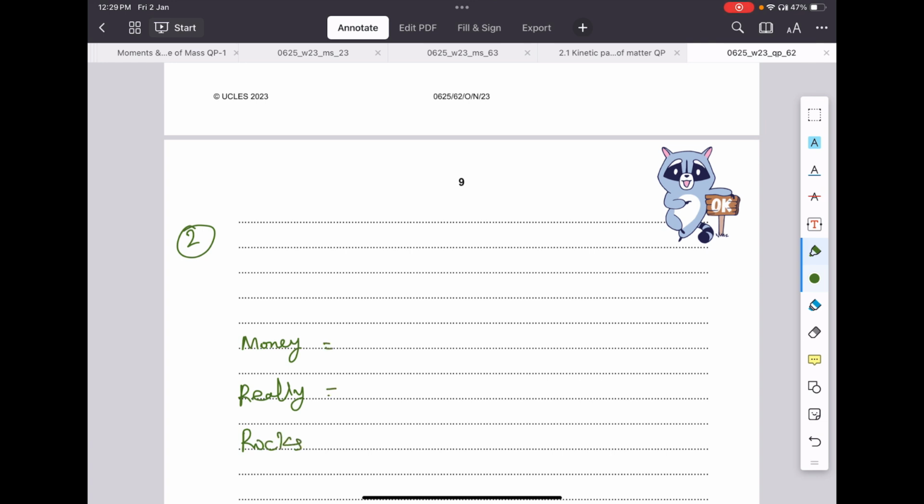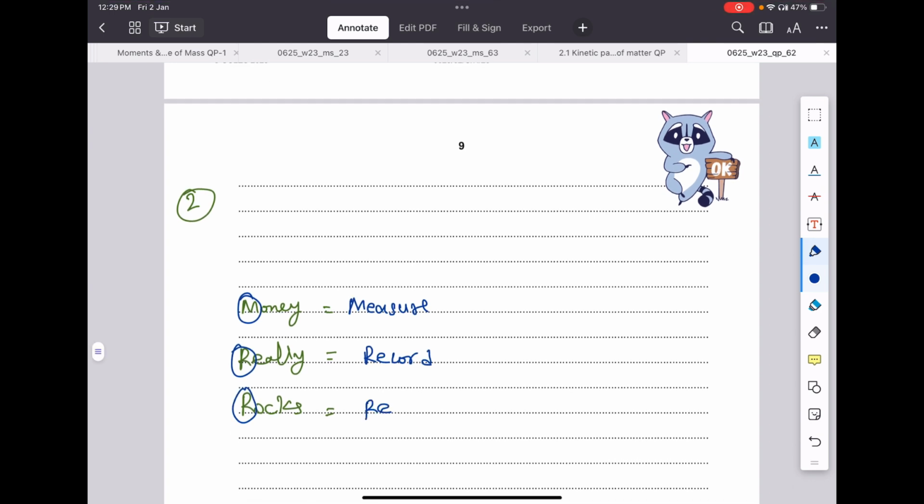So these are key terms that you can remember. M stands for measurement, so measure. Second thing, R stands for record, and the second R stands for repeat.